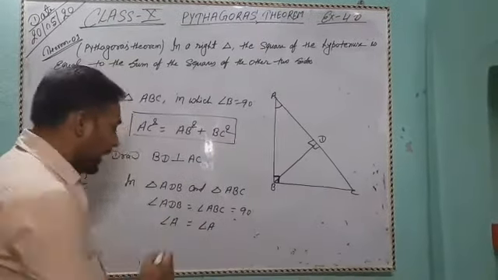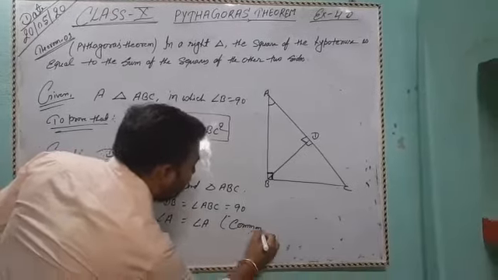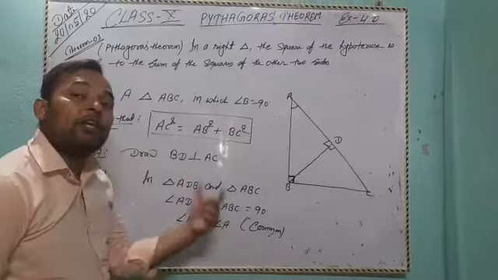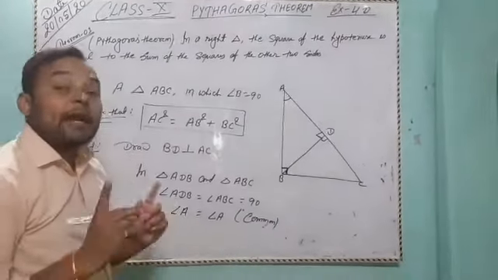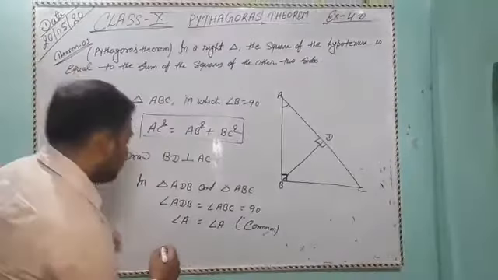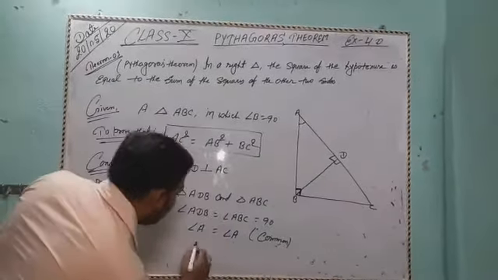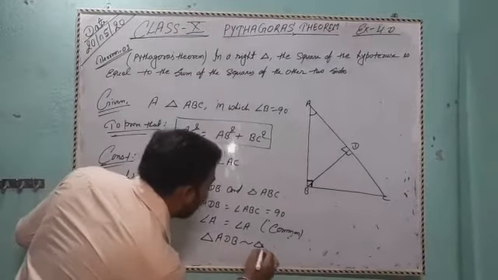So angle A equals angle A is common. Then two corresponding angles are equal in both triangles, so both triangles are similar, by angle similarity. So triangle ADB is similar to triangle ABC.